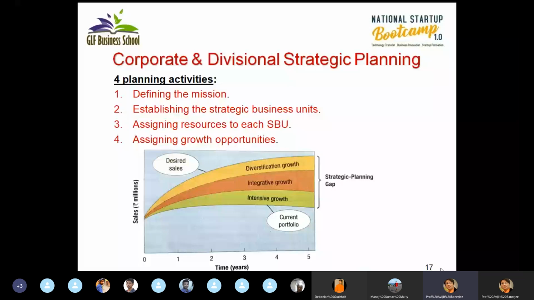From that point of view, you should have three characteristics. First, it is a single business or a collection of related businesses that can be planned separately from the rest of the activities. Second, it has its own set of competitors. Third, it has a management responsible for the strategic planning and profit performance, who controls most of the factors affecting the profit.